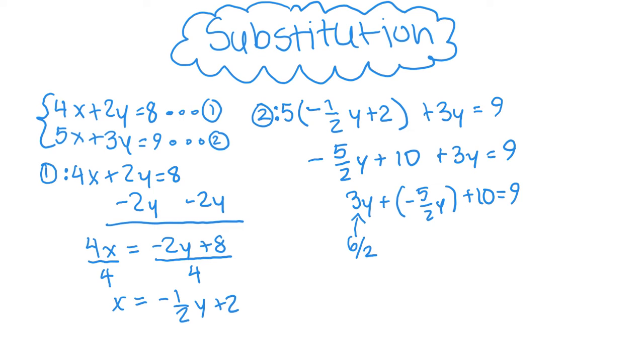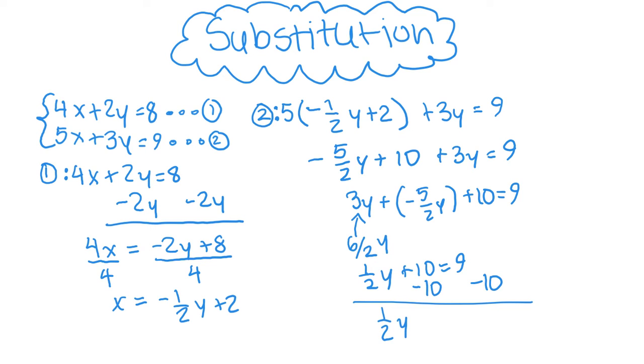So 6 over 2 minus 5 over 2y is equal to 1 over 2y. So now let's rewrite the equation. 1 over 2y plus 10 equals 9. Now we need to subtract 10 from each side. And now 1 over 2y equals negative 1.